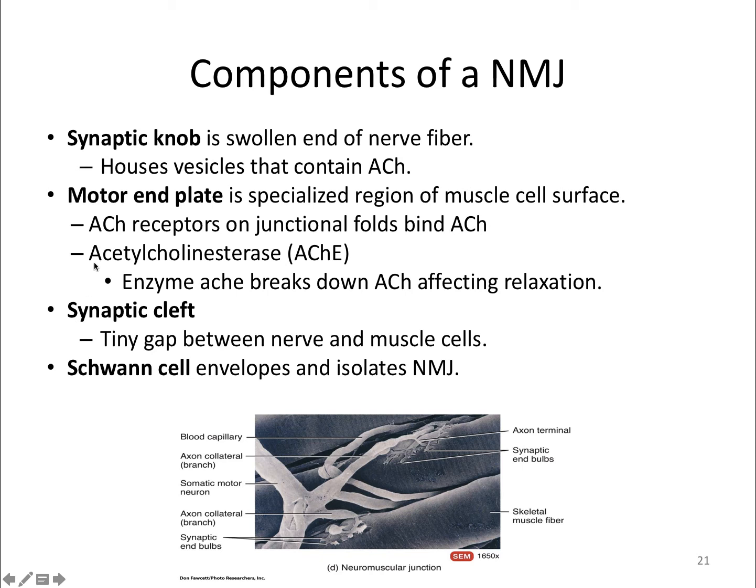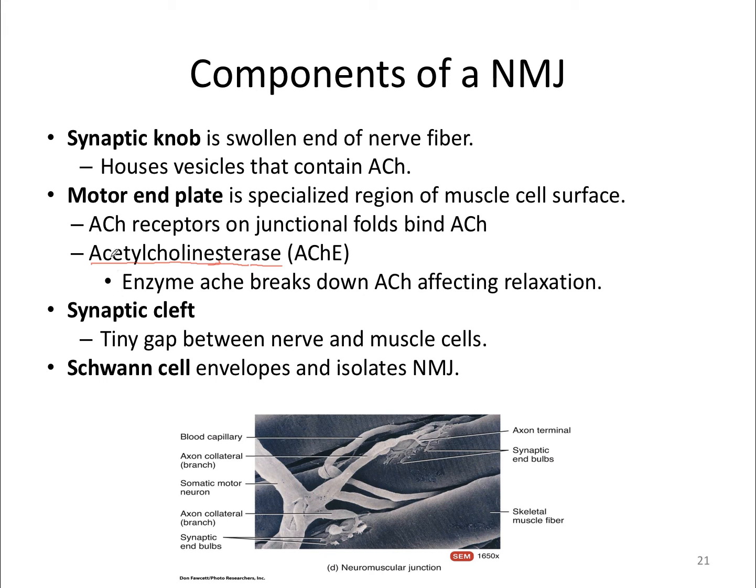It also contains an enzyme called acetylcholinesterase, which looks like a big, long, scary word, but if we break it down, it's a little bit easier. So acetylcholine is the neurotransmitter that diffuses from the nerve to the muscle fiber to initiate contraction. Ester is a particular organic chemistry term, a group that hangs off the molecule, and ase means enzyme.